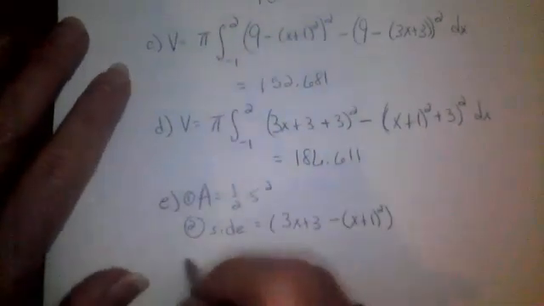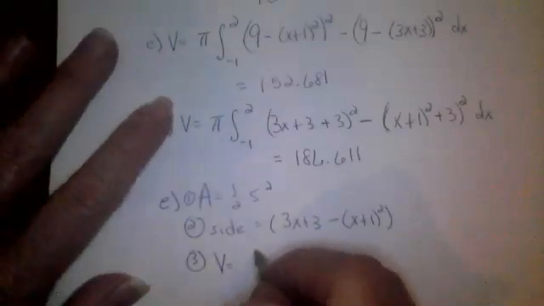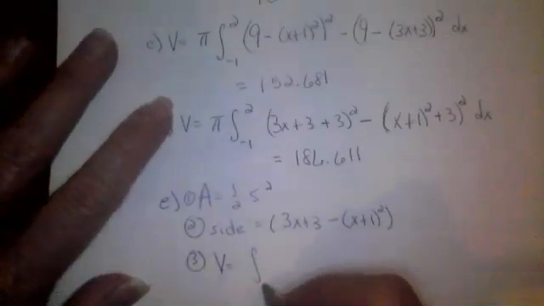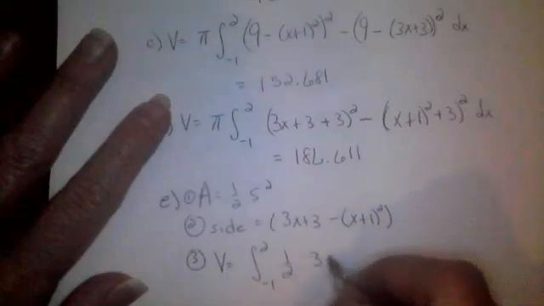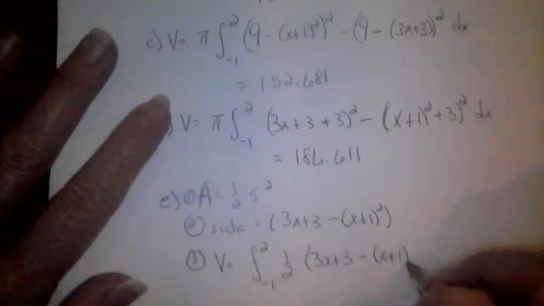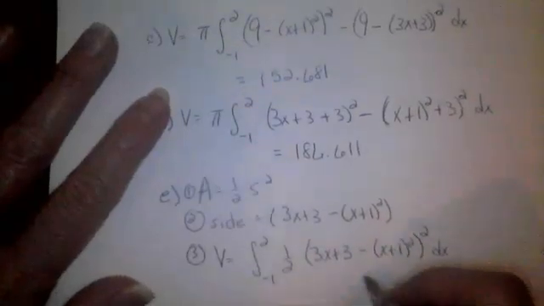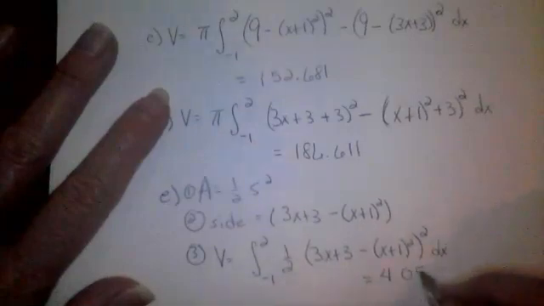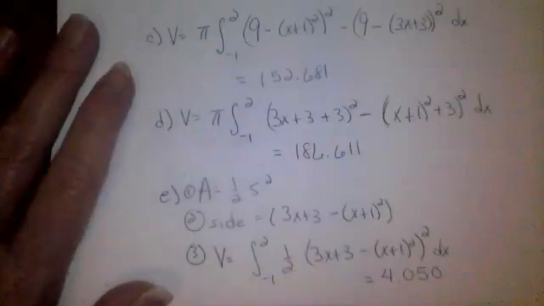All right, so our volume formula is going to be the integral from negative 1 to 2 of 1/2 of our side, 3x plus 3 minus x plus 1 squared, all that squared. This is our side squared dx. And that one gives us 4.050. So today we're just practicing using all of our formulas.